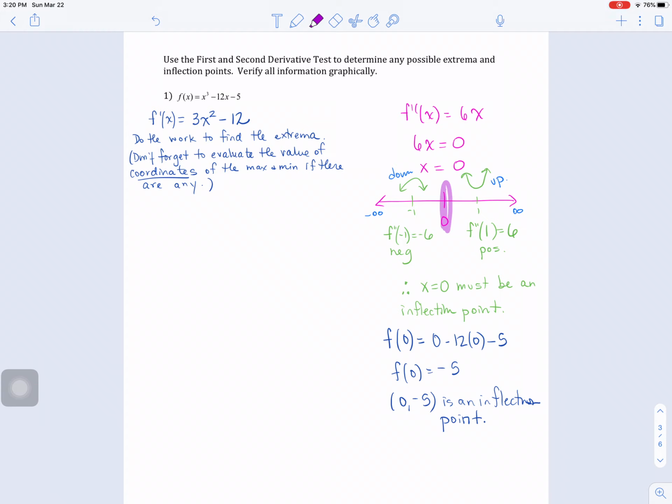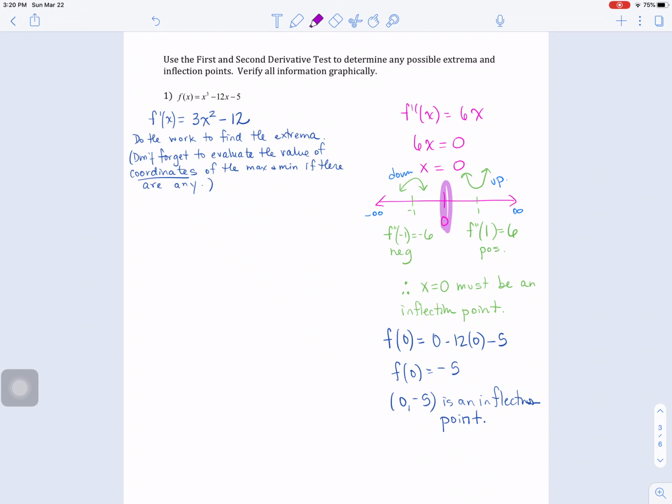Plug the value you get for the inflection point, 0, into the original function, not the first derivative, not the second derivative. Find the value of the function at 0. Going back to the original function and substituting in, we get f of 0 is -5, which means (0, -5) is an inflection point.